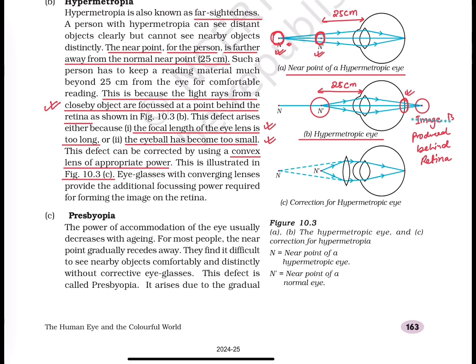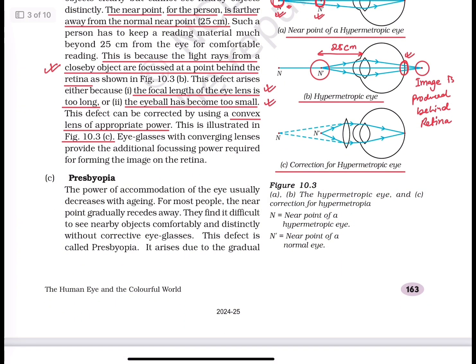Now let's see the correction of hypermetropic eyes. For the correction of a hypermetropic eye, what do we have to do? We have to produce the image of an object that is placed at N prime at N, and this is possible only by the use of a convex lens.